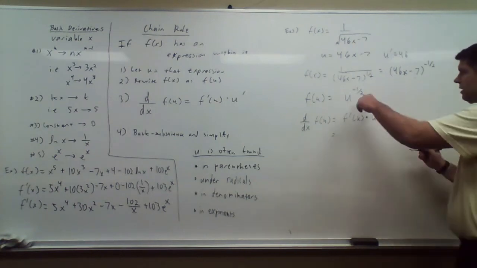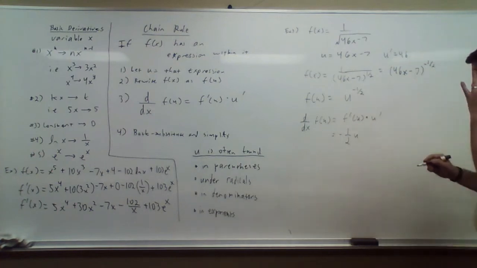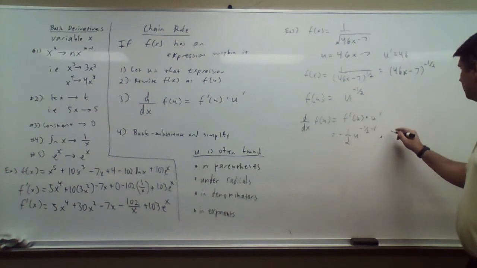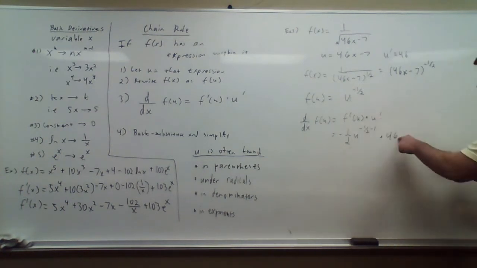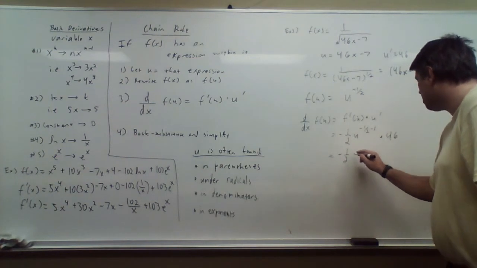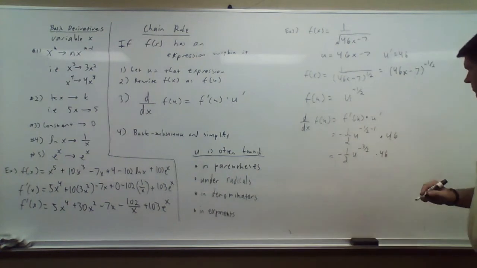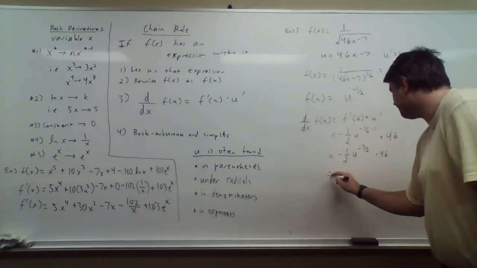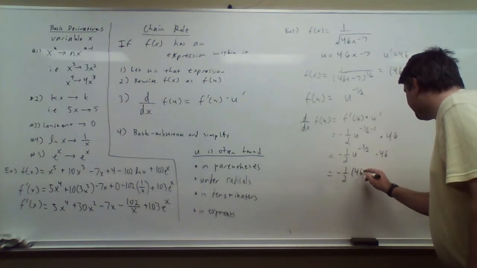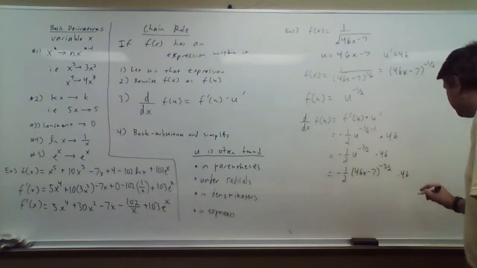So, that's going to be negative 1/2 u to the negative 1/2 minus first times 46 from u prime. So that will be negative 1/2 u to negative 3/2 times 46, which gives me negative 1/2 times 46x minus 7 to the negative 3/2 times 46.